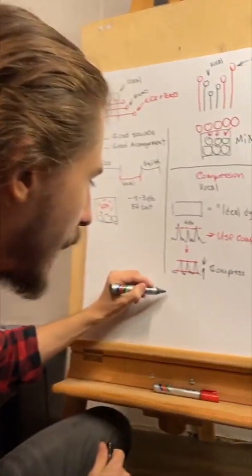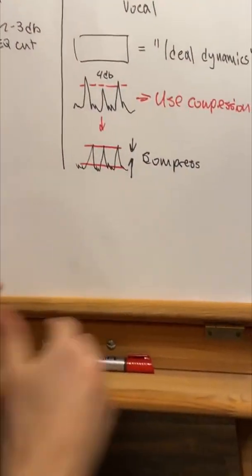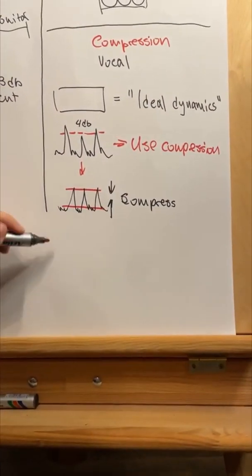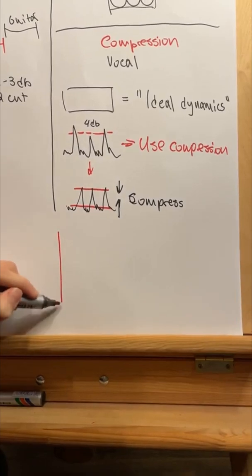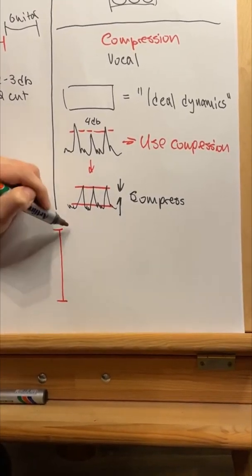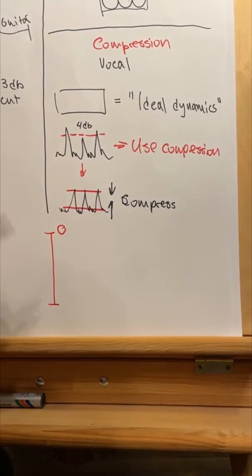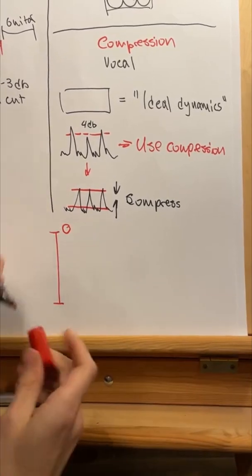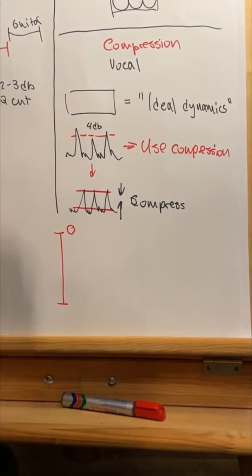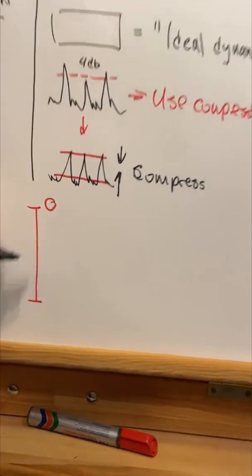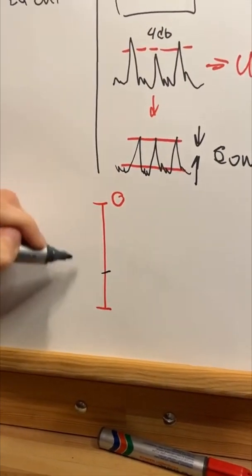So let's use red color. Let's say this is going to be 0, and this is going to be whatever. We have the RMS, the main level, just like this.